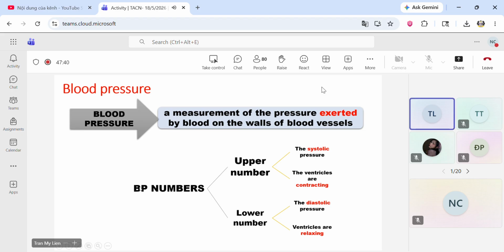The upper number of the blood pressure indicates the systolic pressure, which means the ventricles are contracted, and the lower number shows the diastolic pressure, when the ventricles are relaxed. Blood pressure.